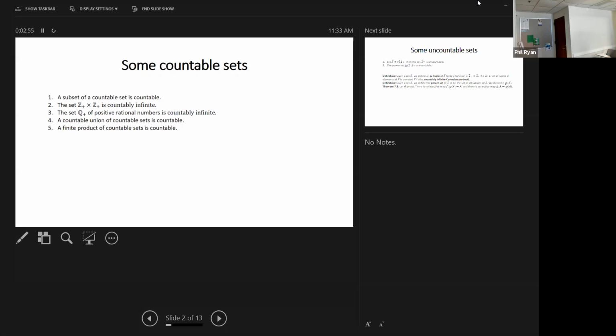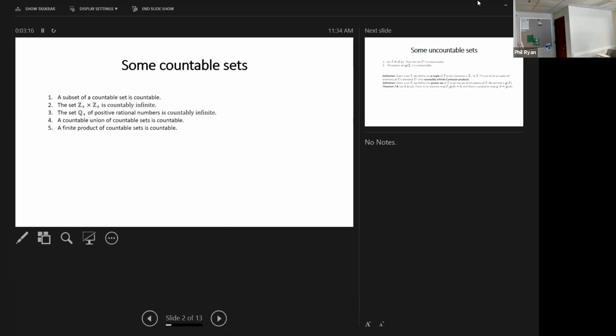If you just restrict that to your subset, that's also going to be an injection into the integers. So straight away we get that a subset of a countable set is countable. And that's good, right? Because that is what we're thinking about size: if something is a subset, it could be smaller.